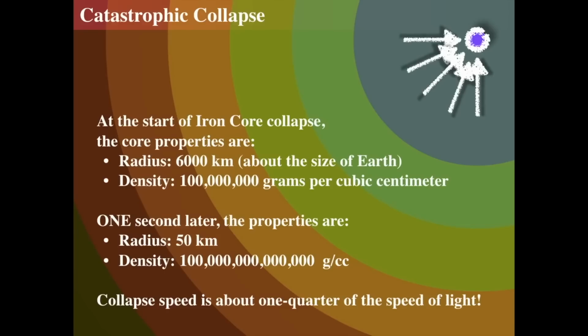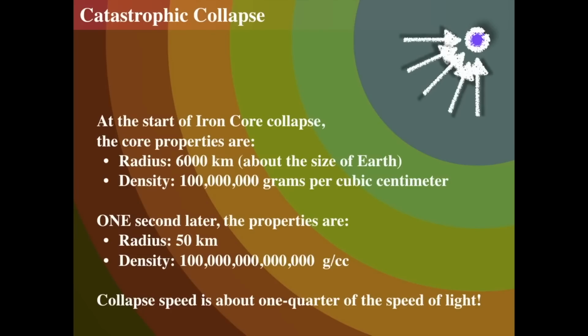And once the iron core starts to collapse, it begins at about something roughly the size of the Earth, at a density of about 100 million grams per cubic centimeter. And then a second later, this is almost free fall, it's faster than free fall. Actually, it is free fall given the gravitational pull that it has.